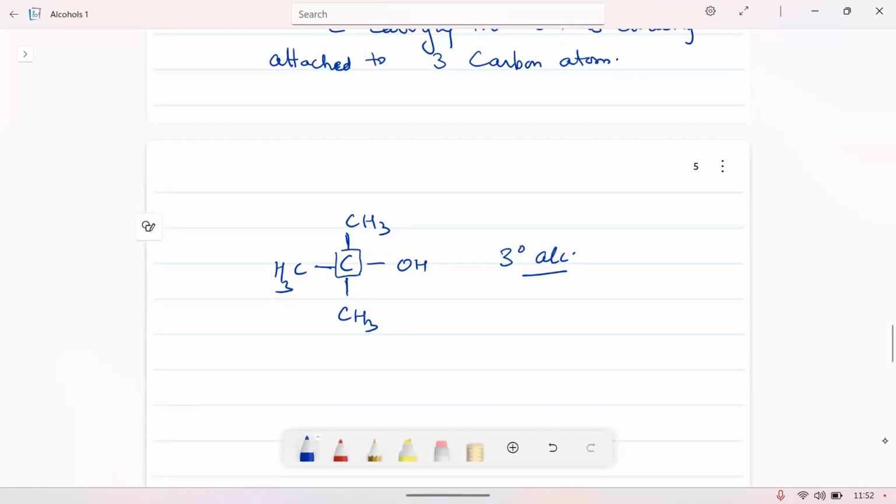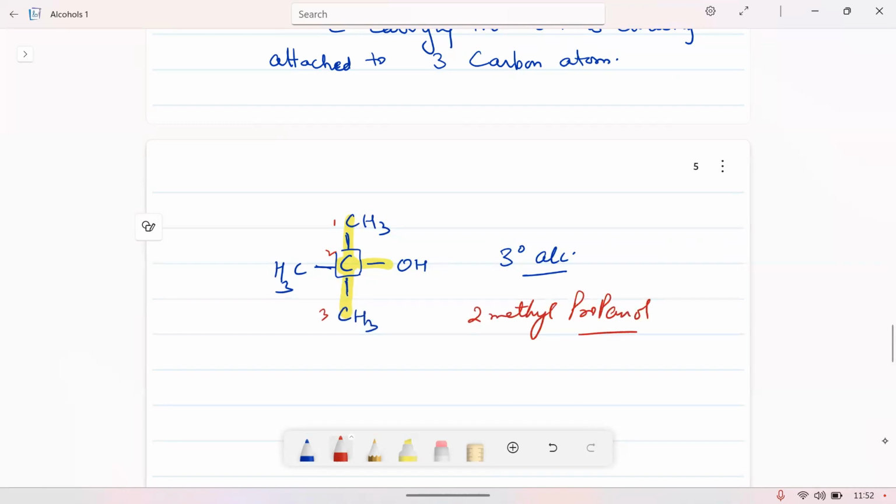How will we name them? Let's try to name it. Now you can take this as a parent chain. The carbon that carries the OH is a part of the parent chain. Then you have to number it 1, 2, 3. So this will be your 2-methyl again. Okay, we have done this example.